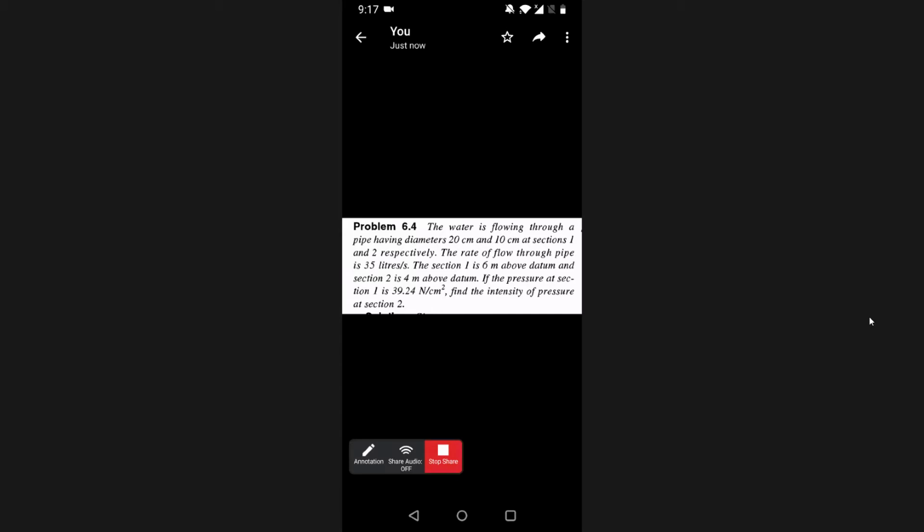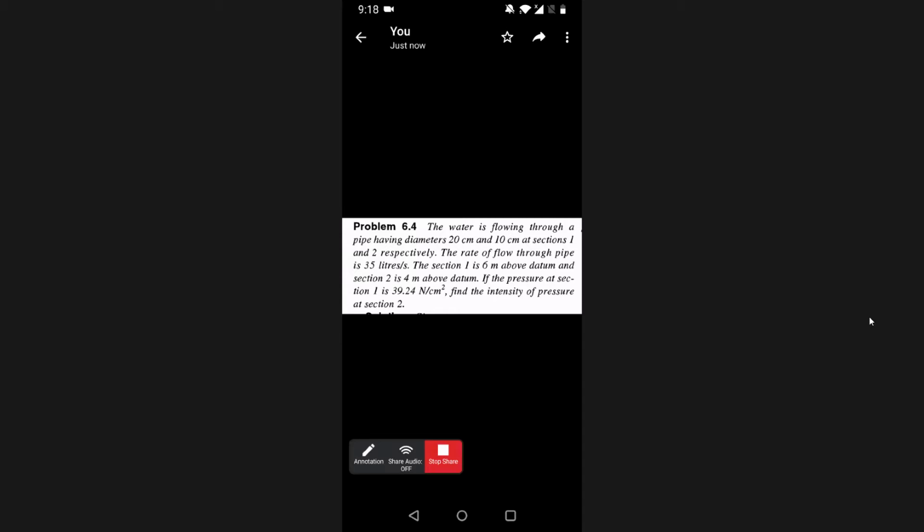Mass flow rate is Q multiplied by rho, but this is just the volumetric flow rate, because liter is the unit of volume. It is not kg per second, it is liters per second.